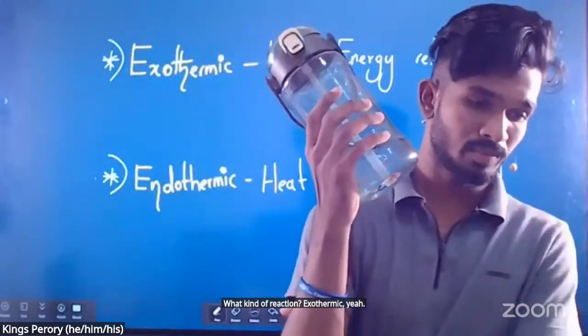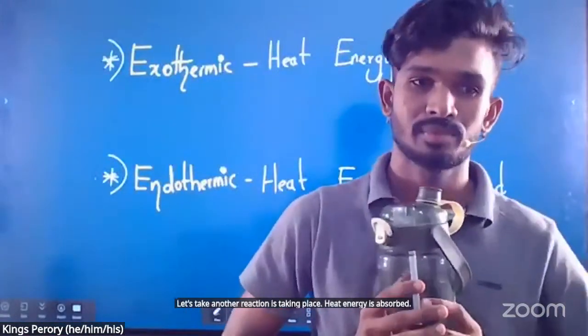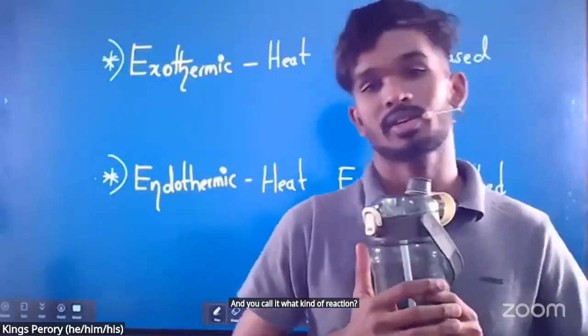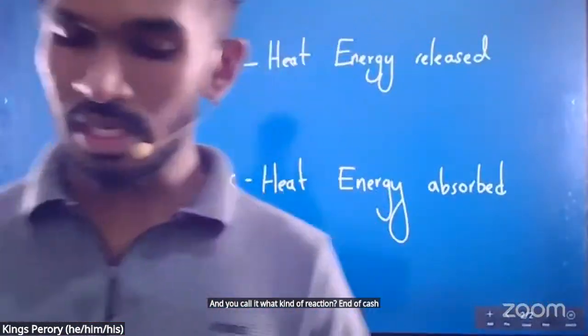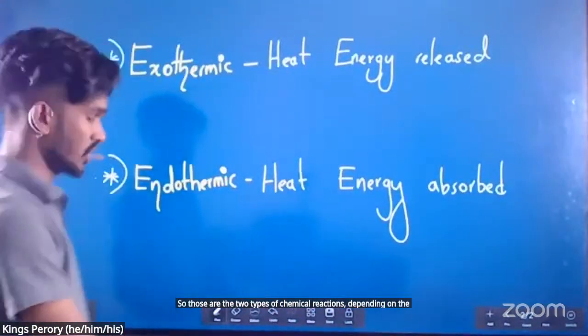Exothermic reaction. Let's take another reaction taking place where heat energy is absorbed. Then you call it what kind of reaction? Endothermic reaction. So those are the two types of chemical reactions depending on the heat change.